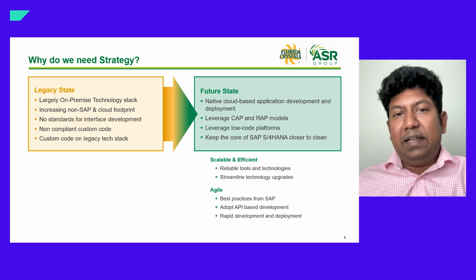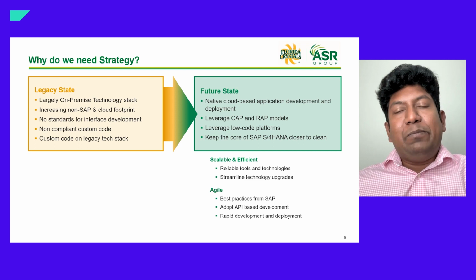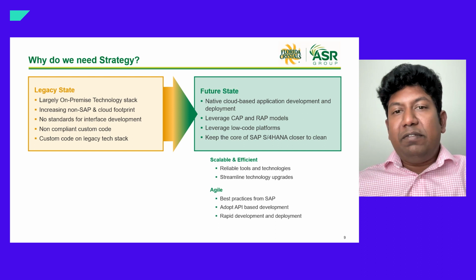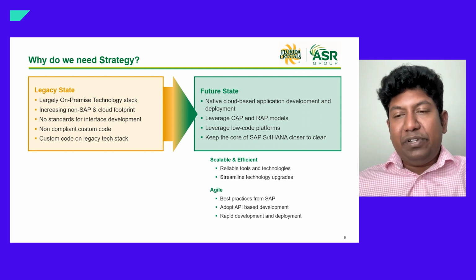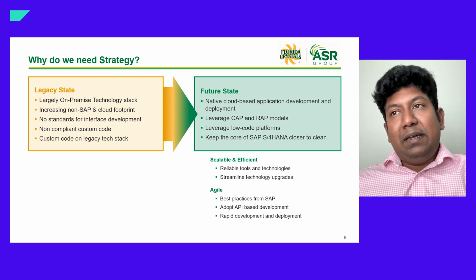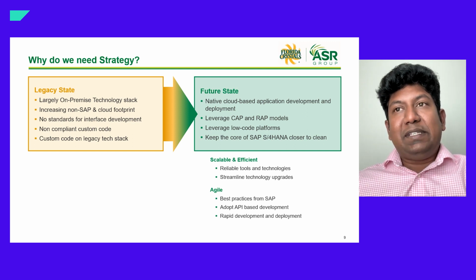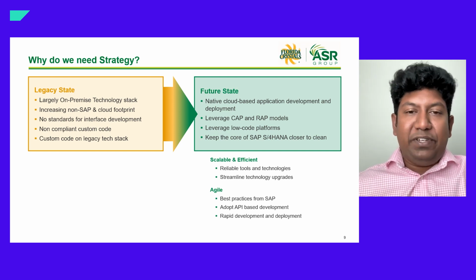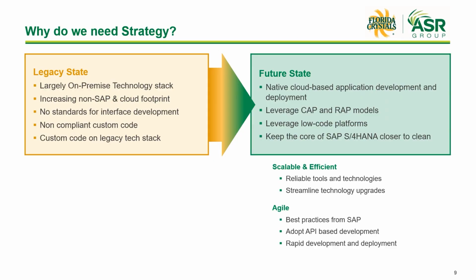Many of you know the Cloud Application Programming and RESTful Application Programming models. Leverage low-code platforms, another interesting thing that has evolved in the recent past. It's very impressive, and it will bring a lot more skill sets into a collaborative mode to build technological toolsets that make everyday life more effective and efficient. That will truly put us closer to clean, where we are looking at scalability, efficiency and agility.